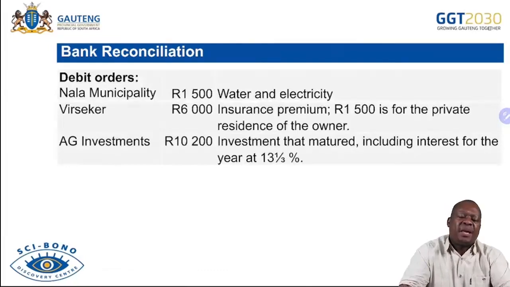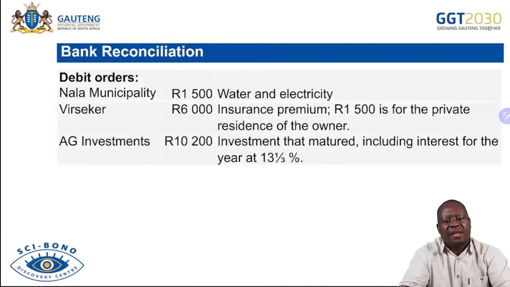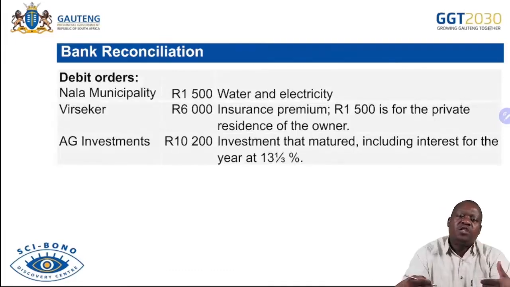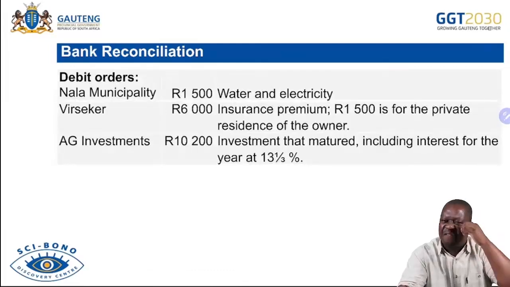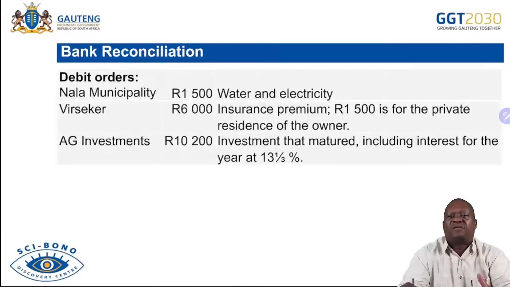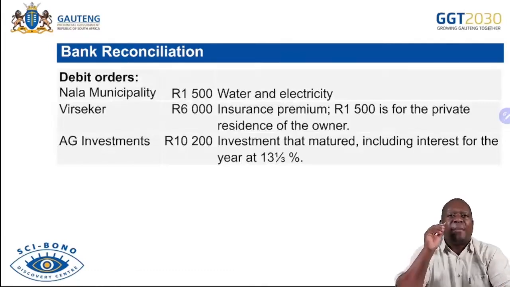Now, when a business has regular payments that they are always paying monthly, for them not to forget, they can just go to the bank and give them an instruction to say, Mr. Bank, we are paying Nala municipality every month 1,500 for water and electricity. So make that payment for us.